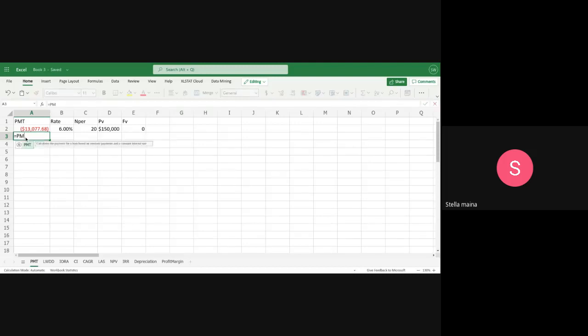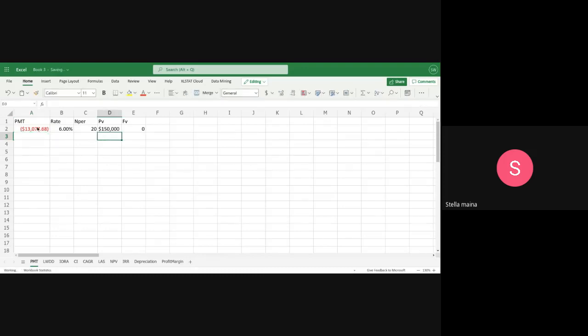Let me just highlight something. You can see there is a small instruction telling you it calculates the payment of a loan based on constant payments and a constant interest rate, just like I talked about. Then it gives you the values you should put in: the rate, the NPER, that is the total number of periods, then the present value, then the future value. That is what we have done, and we have received our annual payment.